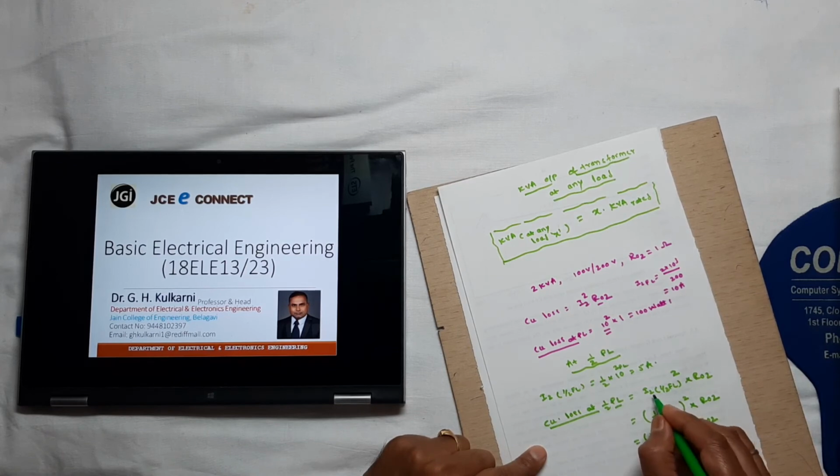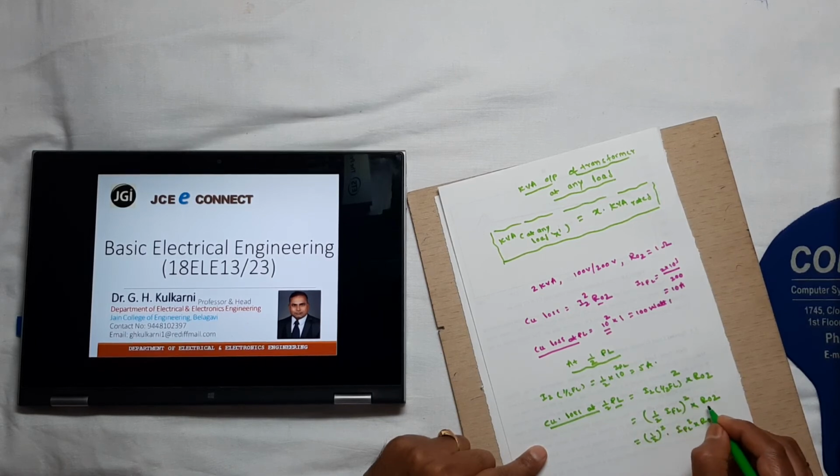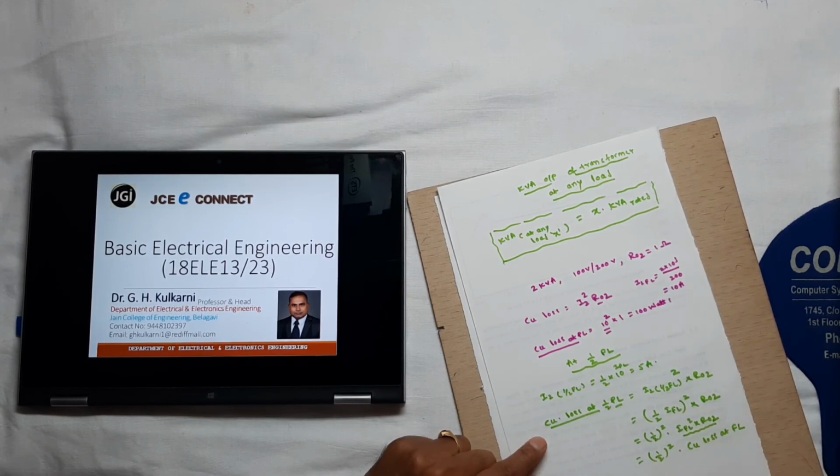Then how are we getting the half full load current? It is full load current divided by 2, or 1 by 2 times the full load current. Substituting that into RO2, it is 1 by 2 square into I full load square into RO2. What is this? It is the full load copper loss, because it is the full load current and a resistance. Therefore, it is half square into the copper loss at full load.